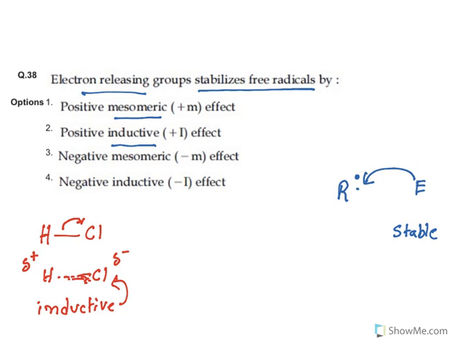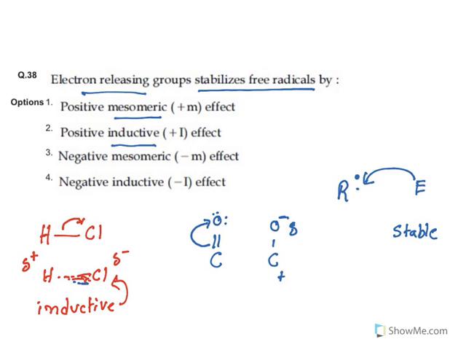Now understand one more thing. Let's say you have a carbonyl compound. Here also oxygen has more electronegativity. These pi electrons are pulled towards oxygen and it is converted like this. Electrons are completely displaced and it gets a negative charge here and a positive charge here. You can see the difference.